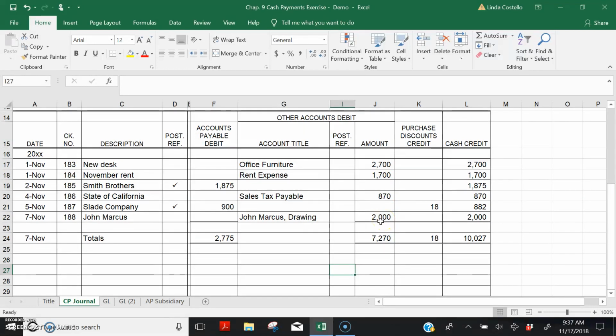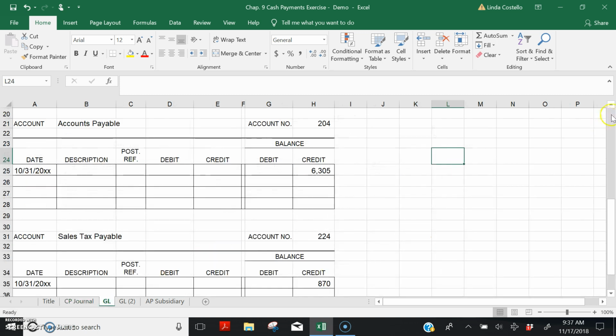Let's get started. Let's post this $2,775 debit to accounts payable. Turn to account number 204 in the general ledger. Use the last day of the week in the date column, November 7th. Leave the description blank. The posting reference is the journal page where the amount was originally recorded, CP 9 in this exercise.